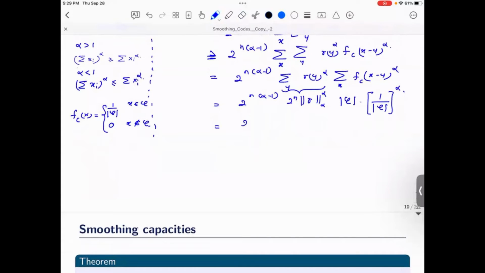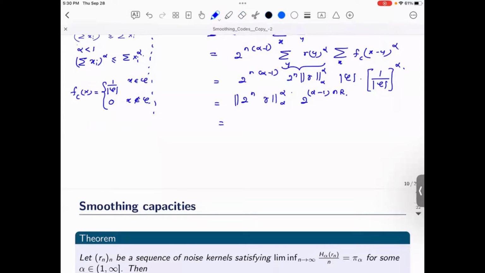So at the end, this looks like 2 to the power n alpha times 2 to the power alpha minus 1 and r.